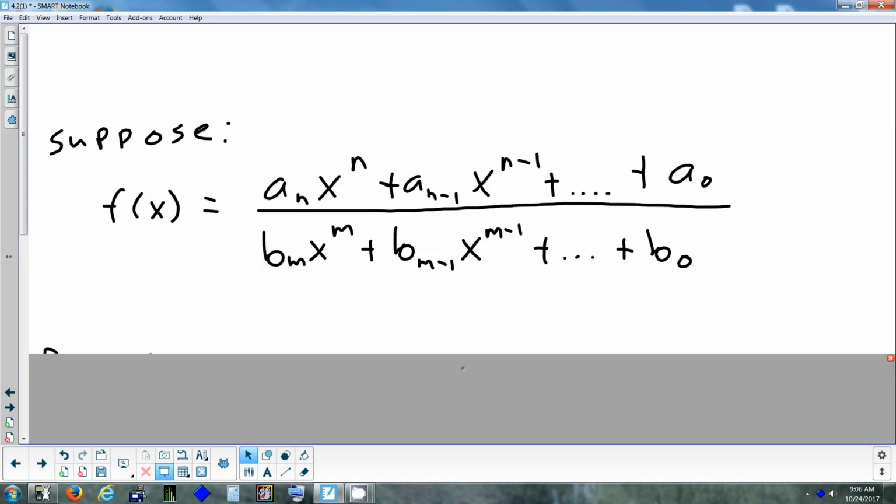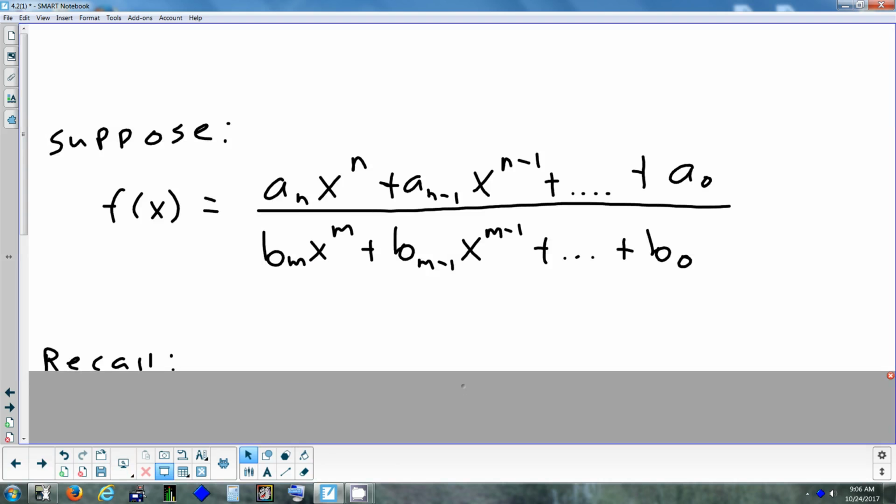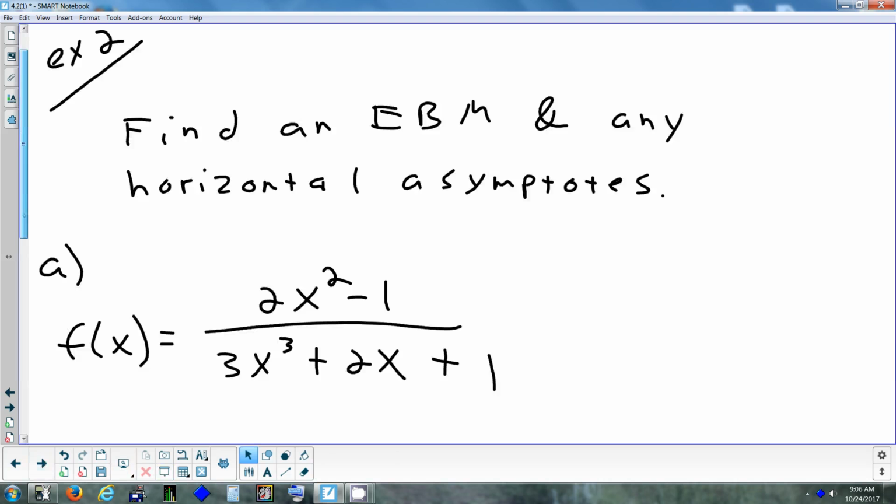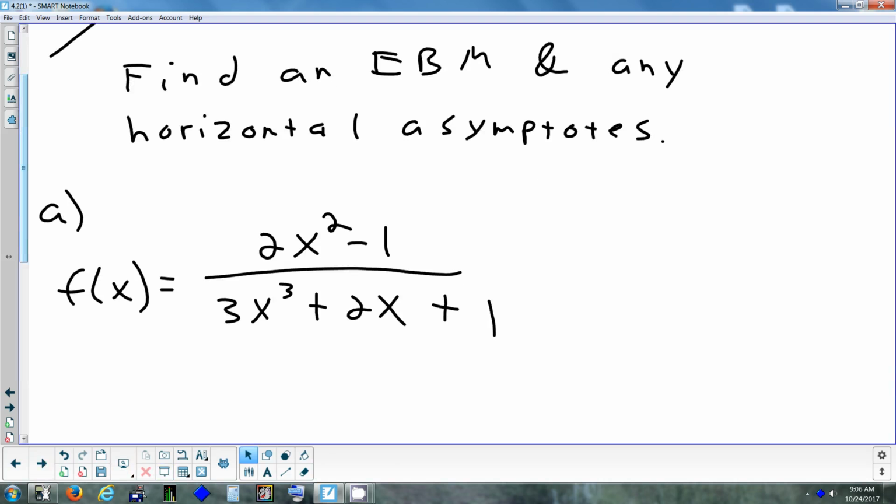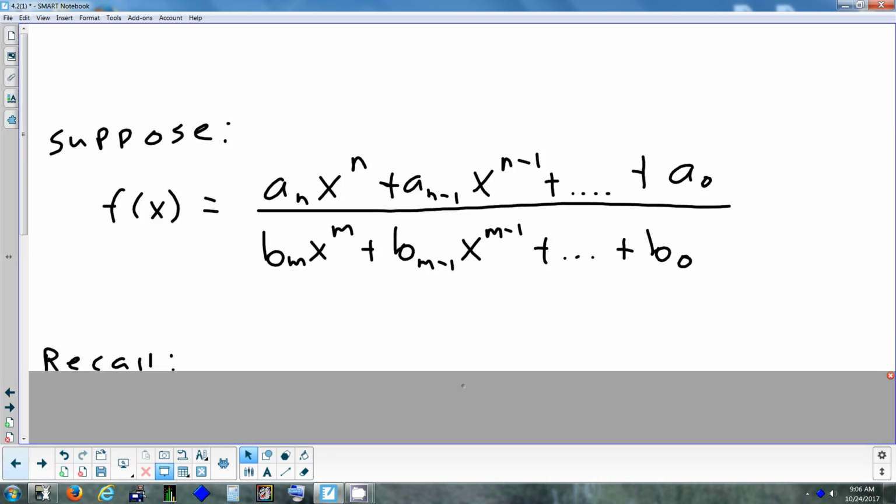All right, so suppose that we have 2 polynomials. Okay, what I'm writing here for f of x could represent something just like this. Okay, polynomial on the top, polynomial on the bottom. Usually it's in descending order, so highest exponent down to the constant.